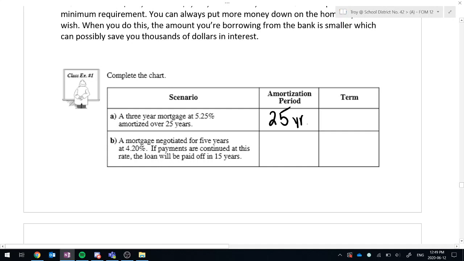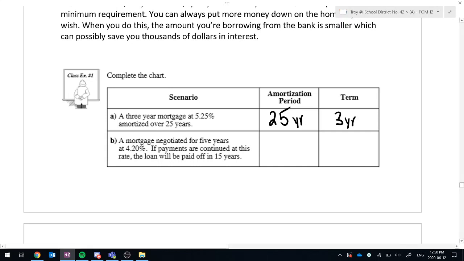And it looks like they've negotiated a 3-year mortgage before they are renegotiating the terms of their mortgage. Although they're going to take 25 years to pay it, the current mortgage that they have set up at their current interest rate is a 3-year term.